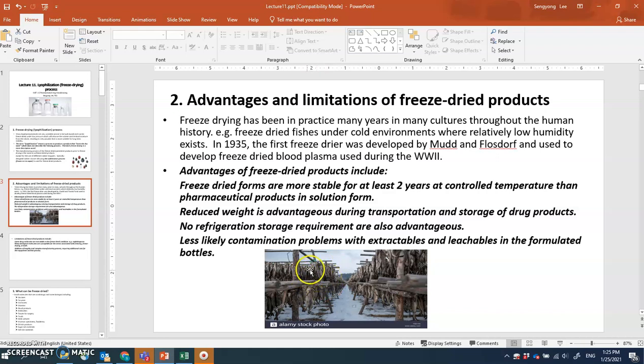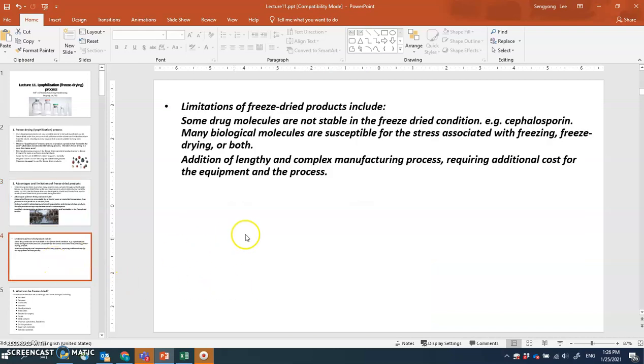By freeze drying your fish this way, you can store it for a long time, maybe months and months, sometimes a year. Those are freeze-dried fish, the food material. So in primitive ways, humans have been using freeze-dried product, especially food material, for a long time.